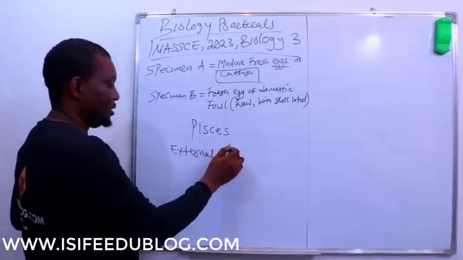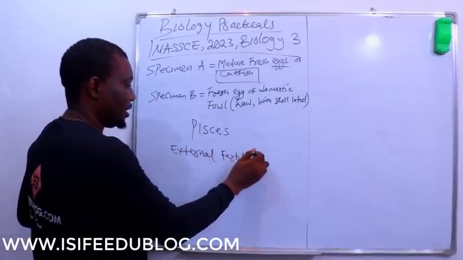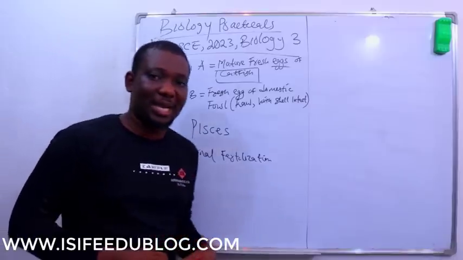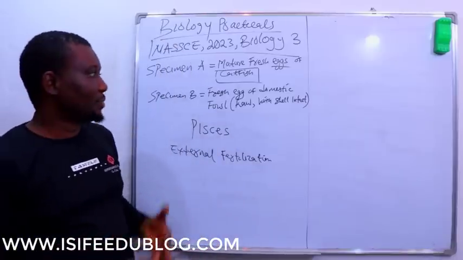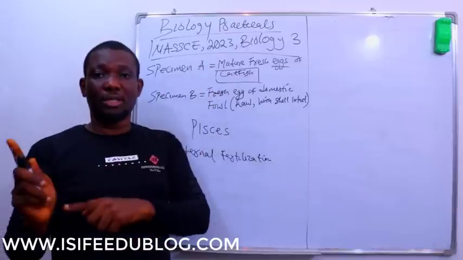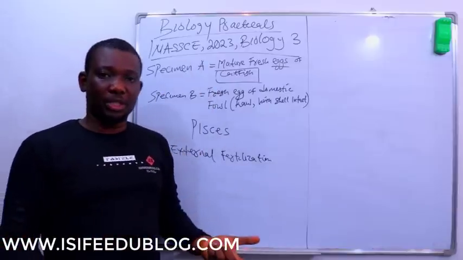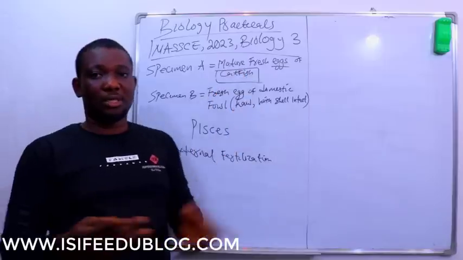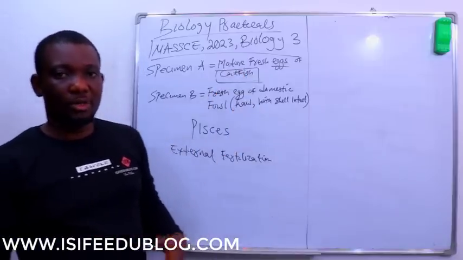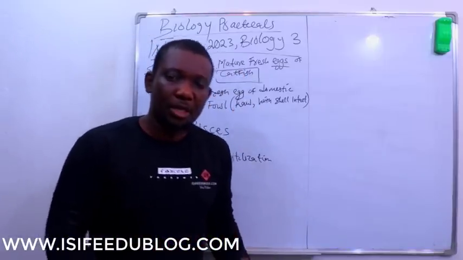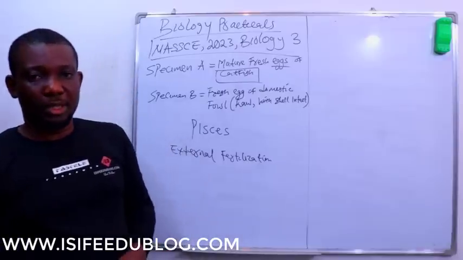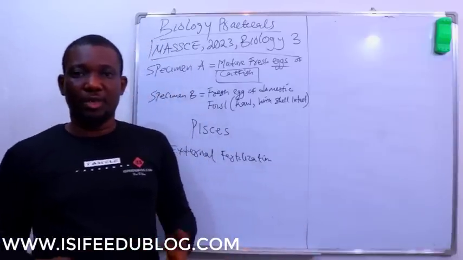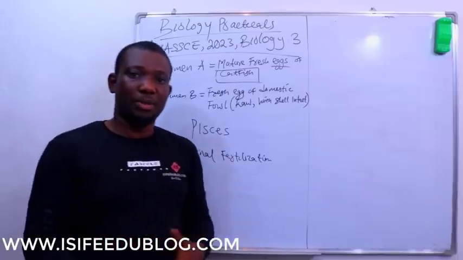External fertilization. In external fertilization, unfertilized eggs are laid by this class, not just catfish, but bony fish. Now, if you look at the class of vertebrates, that is animals with backbone, where this catfish also belongs, there are other classes of vertebrates like amphibians.